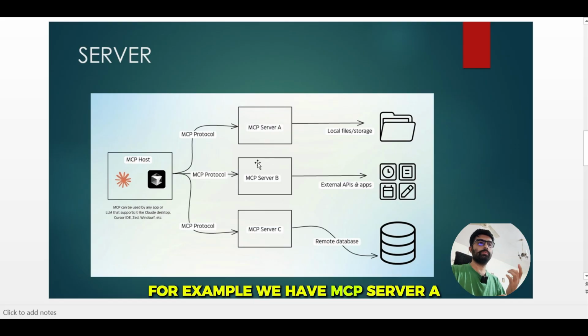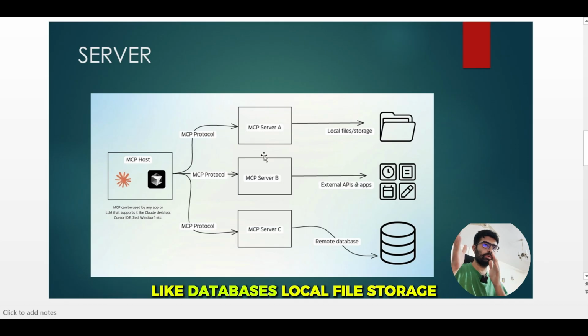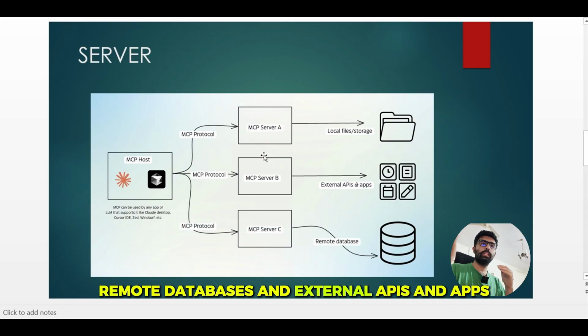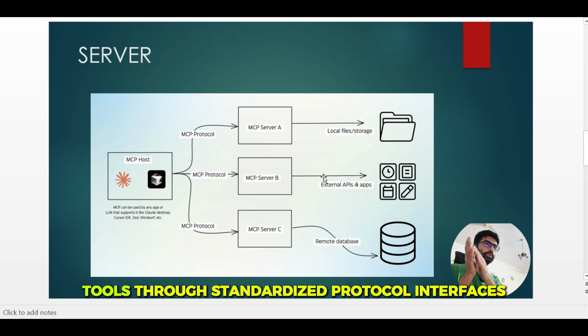For example, we have MCP server A, B, C, and every server is connected to different tools like databases, local file storage, remote databases, and external APIs and apps. These servers are specifically made to connect with AI applications or tools through standardized protocol interfaces.